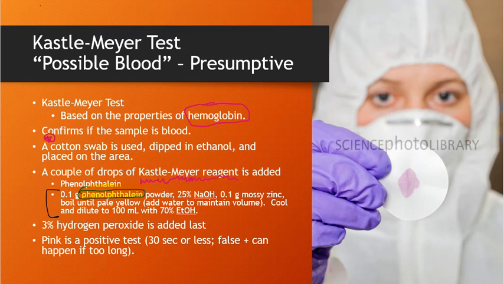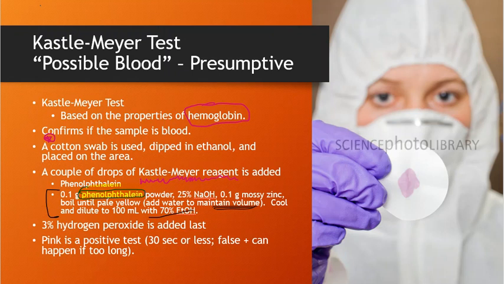If you boil it and some of that volume goes away, you want to add extra water to maintain the total volume, that way it can stay consistent. Then you're going to cool it, and then you're going to dilute it with 70% ethanol. So that is your Kastle Meyer reagent recipe.